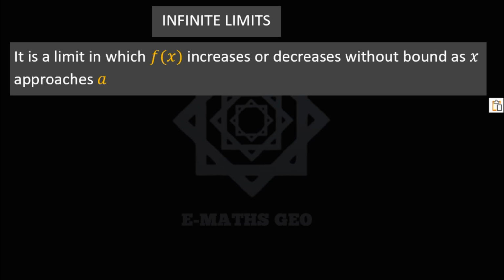Mathematically, this is written as the limit of f of x as x tends to a is equal to positive or negative infinity. So that's the meaning. Let's look at the diagram so that you see what we mean.